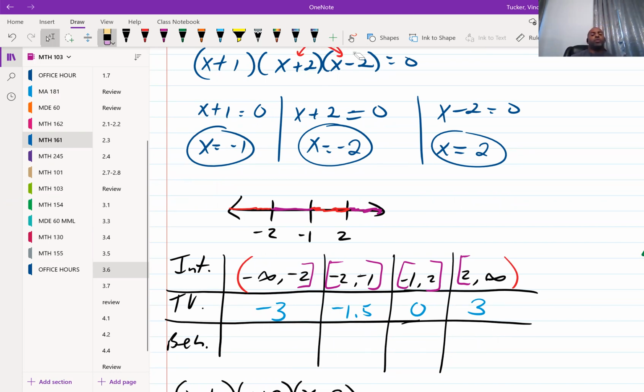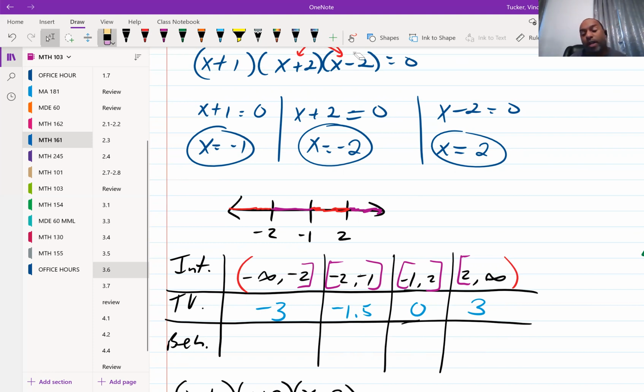So I chose those test values, -3 because it's less than -2. We have -2, -1. So I need to choose something in between -2 and -1. So -1.5. Then something in between -1 and 2, that's 0. And something greater than 2 is 3. Once again, you can choose anything in those intervals.